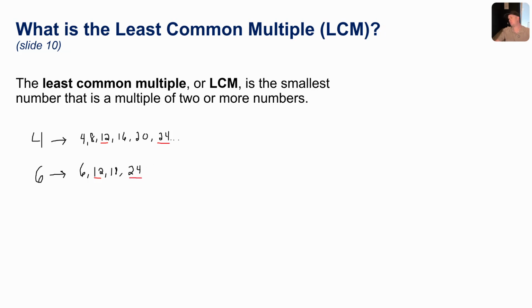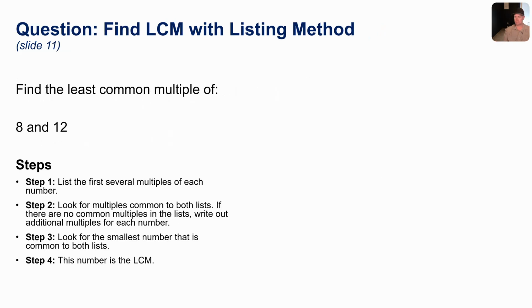The least common multiple is the smallest of these. So the smallest of these common multiples is the number 12. So we would say the LCM, or least common multiple, of 4 and 6 is equal to the number 12.